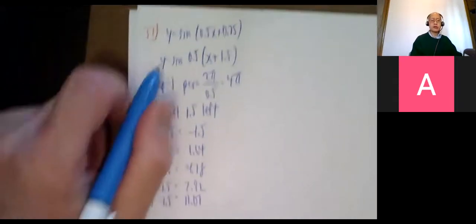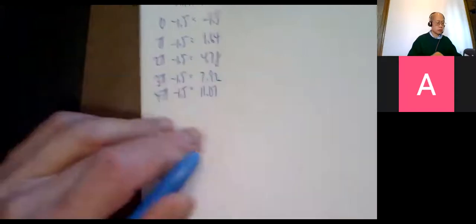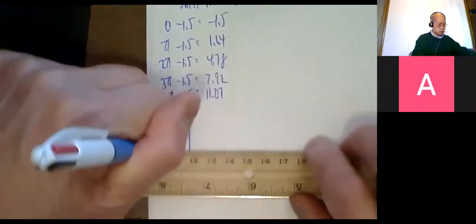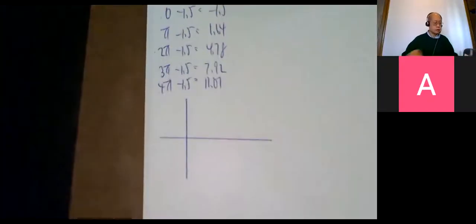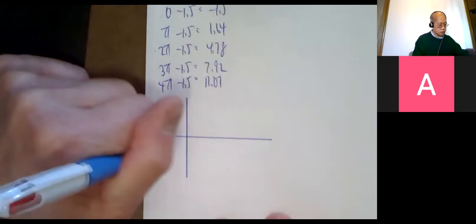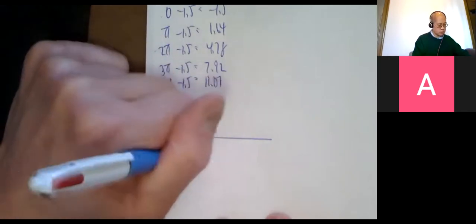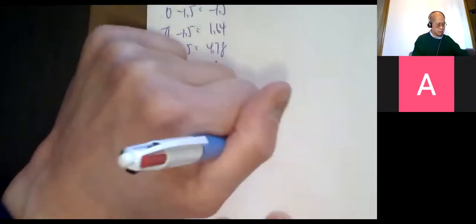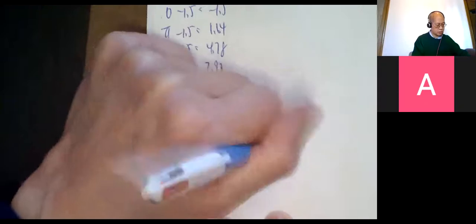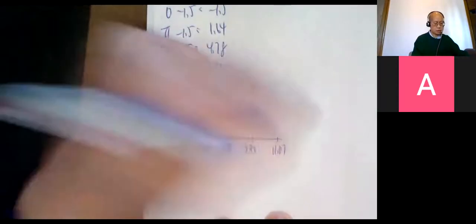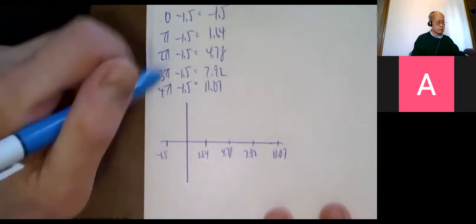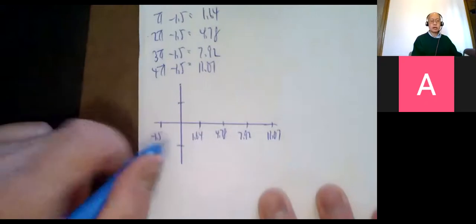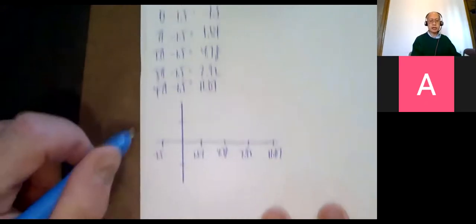Okay, amplitude is 1, so I'm still only going from negative 1 to 1. Negative 1.5, 1.64, 4.78, 7.92, 11.07. Amplitude is 1, up 1, down 1. Midline is still the x-axis.